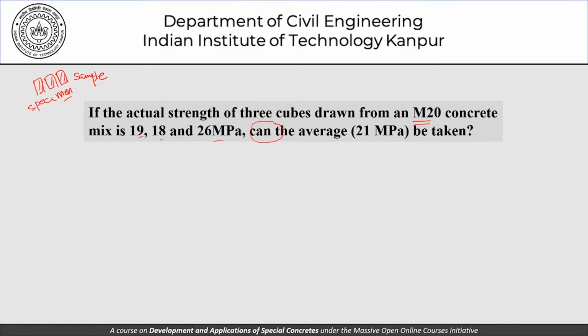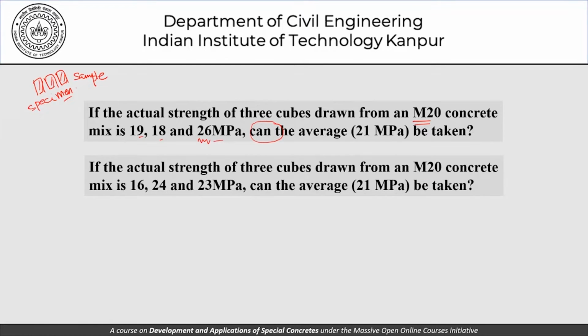Obviously, what I'm alluding to is the fact that there is 19 and 18 sitting here, but then there is some kind of an outlier, 26. Should this be allowed to interfere in our average? Similarly, if the strength was 24, 23 and 16, the outlier in this case is the smaller value, can the average of 21 MPa be taken?